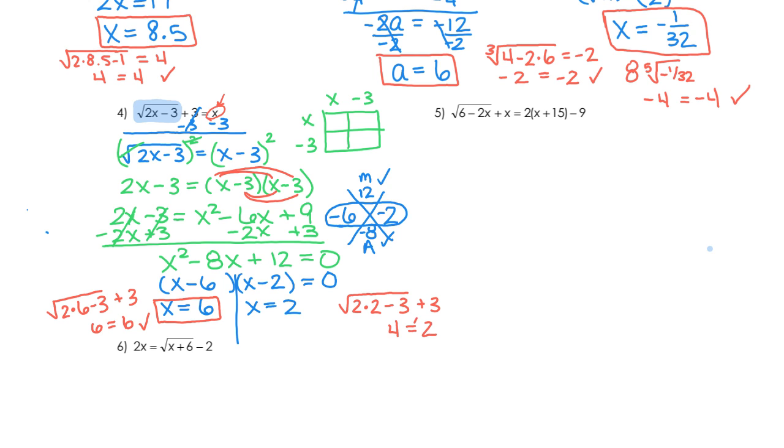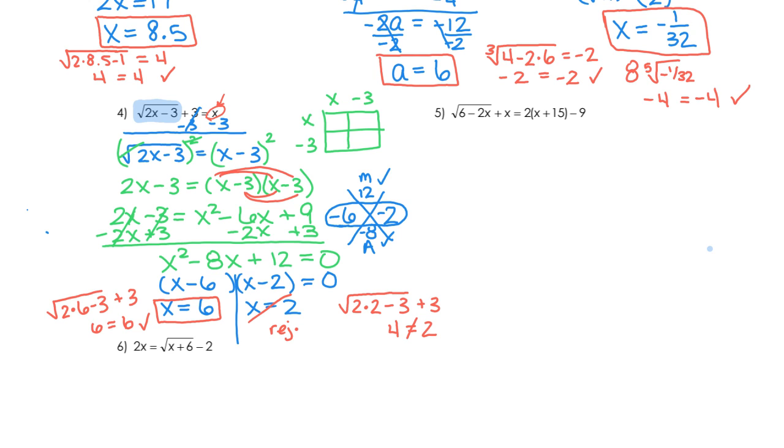And we're going to notice that 4 does not equal 2. And therefore, this answer is actually going to get rejected because it does not check into the original equation. Okay? And so we just have an answer of x equals 6 and an extraneous solution of x equals 2. Okay? And that's why it's important to check our solutions.